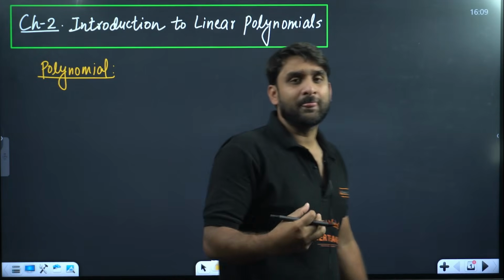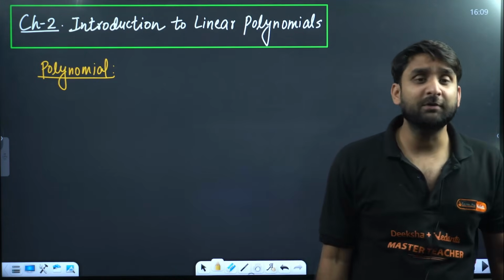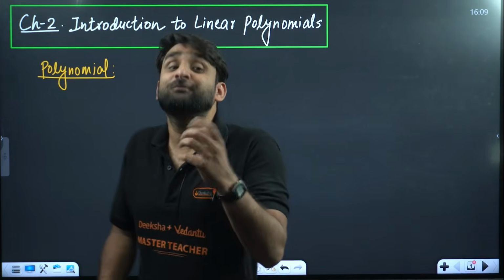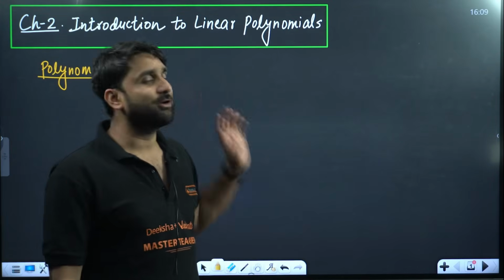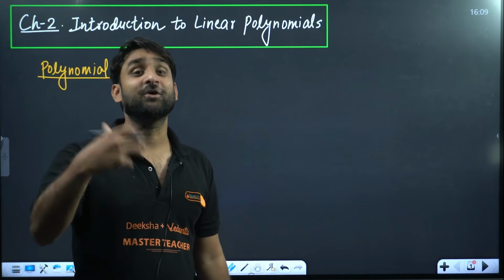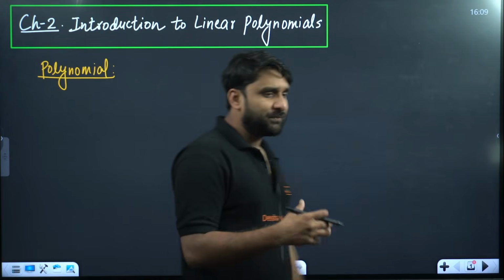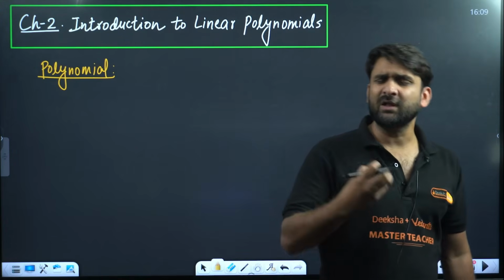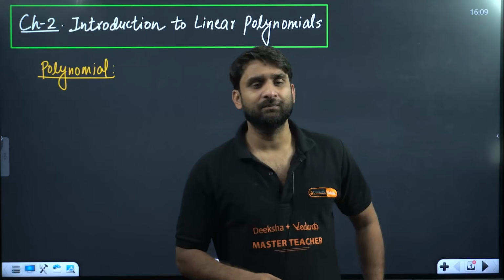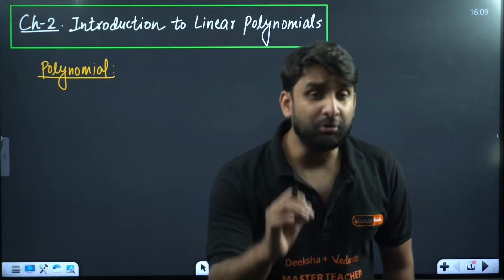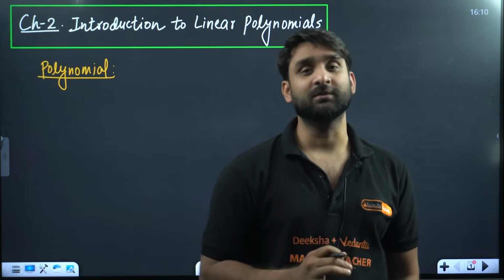before talking about linear polynomials, you should know what is a polynomial. Then we'll be talking about linear polynomial. First, let's talk about polynomial. So basically, if I give you a very simple definition, a polynomial is an algebraic expression.